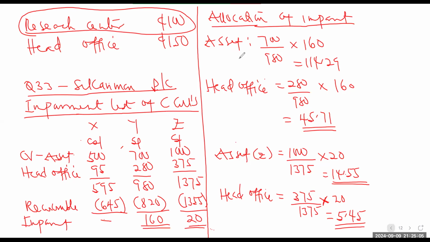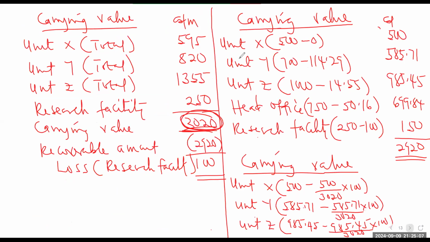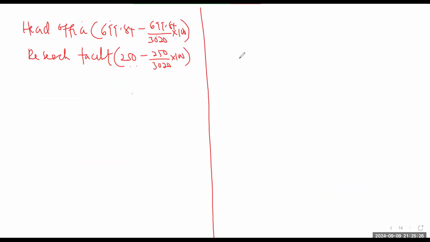Okay, so it means that this one should be 698.84. And then that makes it 2021, isn't it? Yes, it will be 2921. Okay. So that will be 698.84. All right. So that's this basically.